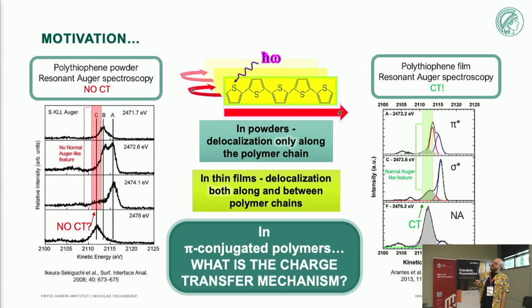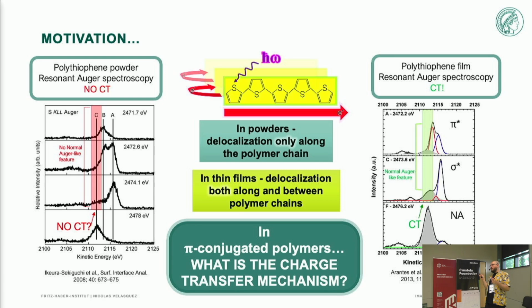In 2013, a Brazilian group studied polythiophene as a thin film, also using resonant Auger spectroscopy, and they indeed find evidence of this peak to the lower kinetic energy side. Their conclusion was that since now we have an ordered sample and the Japanese group did not see anything when the sample was disordered, then the electron by definition has to be preferring the interchain mechanism.